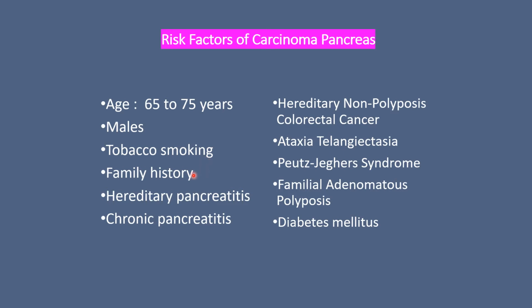Family history, hereditary pancreatitis, and chronic pancreatitis are risk factors for the development of carcinoma of the pancreas. The less important ones are hereditary non-polyposis colorectal cancer, ataxia telangiectasia, Peutz-Jeghers syndrome, familial adenomatous polyposis coli, and diabetes mellitus.